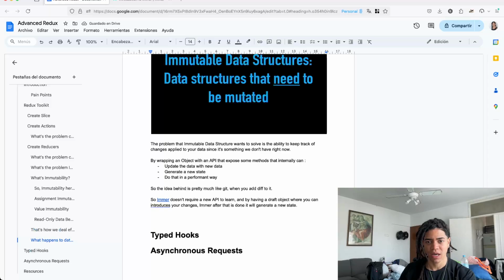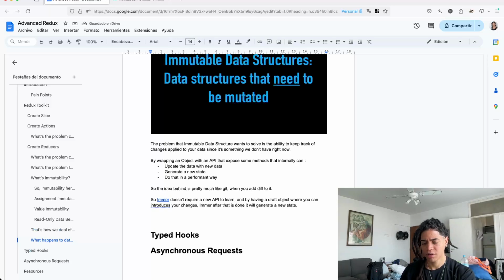That's quite interesting. Does Immer preserve draft history in memory? No. It just uses the draft to mutate, to add the updates, to add the mutations to the data, and then generate the next state.